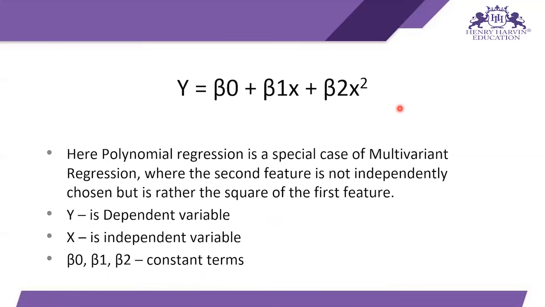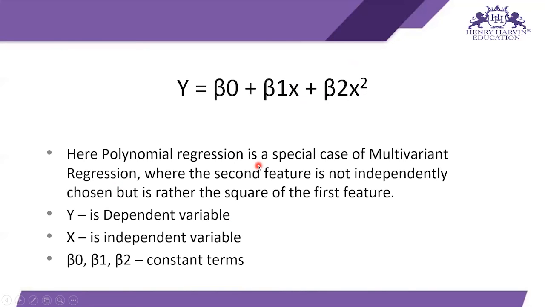Next comes the math behind the polynomial function. Here you have y is equal to beta 0 plus beta 1 x plus beta 2 x squared. Here x squared just depends on x. We can also add more terms like x cubed, up to x raised to the power n, but for this example I just take x squared.